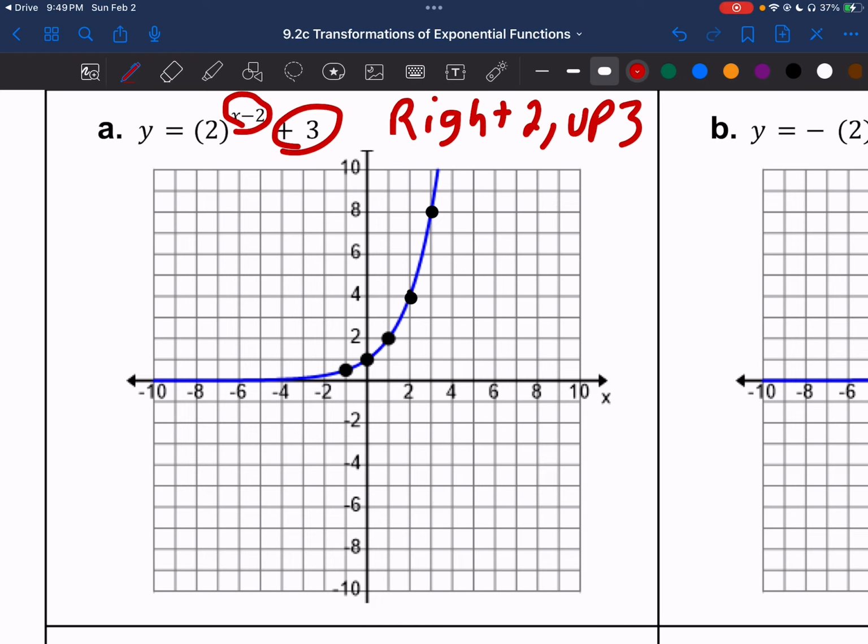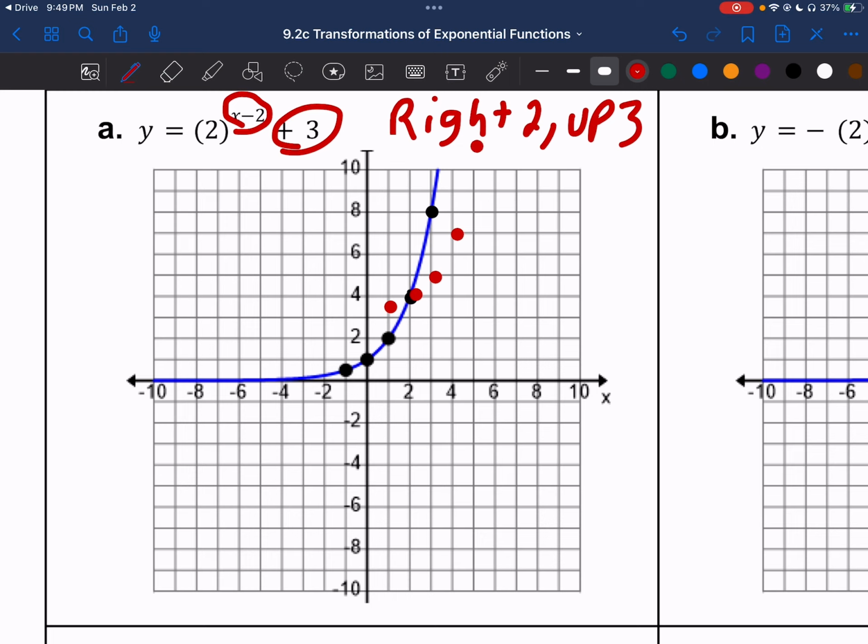So let's do that. We go right 2 and up 1, 2, 3. To the right 2, up 1, 2, 3. And we repeat that for each point.